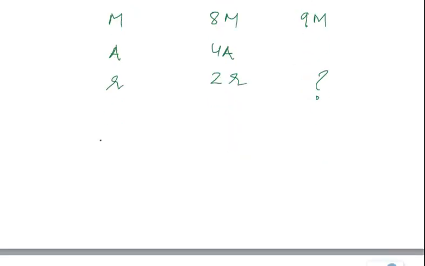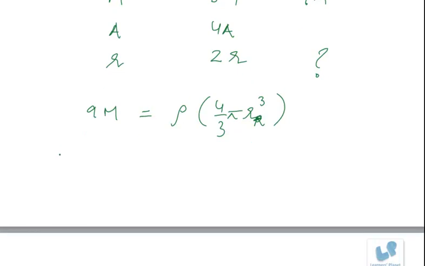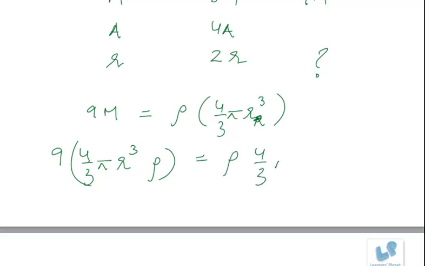Now since the total mass is 9m, which basically means that 9m would be equal to density into its volume, 4 by 3 pi R cube. And we know that the value of m is 4 by 3 pi small r cube into density, which is equal to rho times 4 by 3 pi r cube.